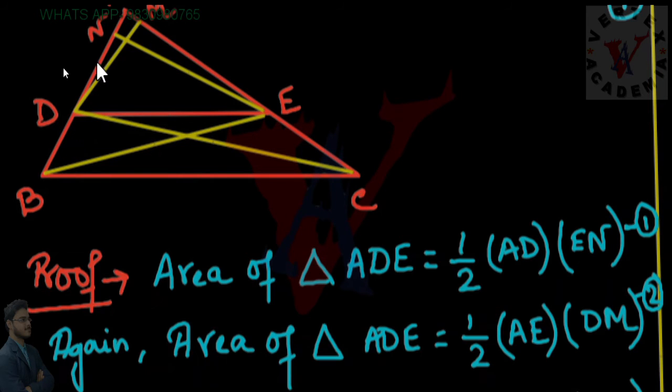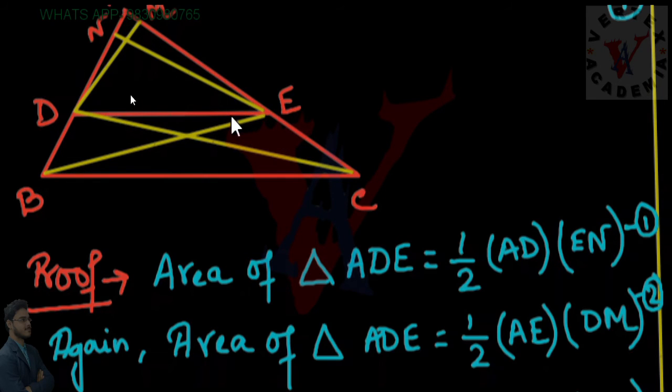Again listen carefully, this AB is actually an extension of the base DB, and here we have already drawn by construction EN perpendicular to AB. So if AB is a line segment which is an extension of DB, we can consider AB as the base and EN as the perpendicular.